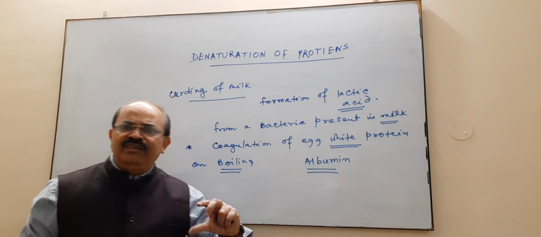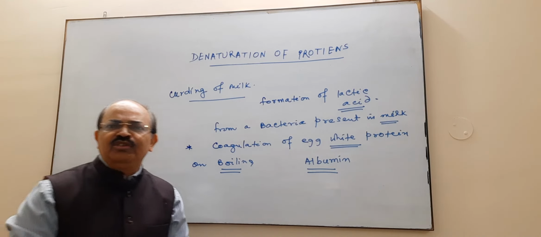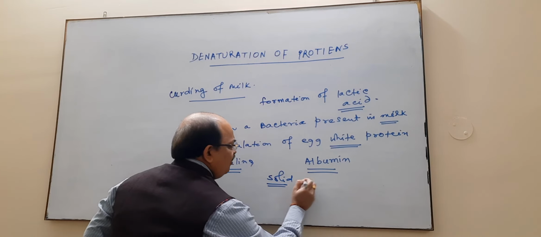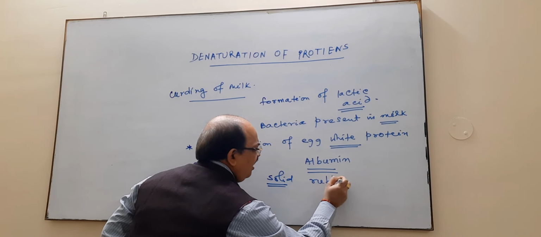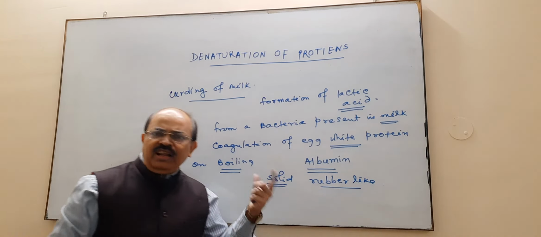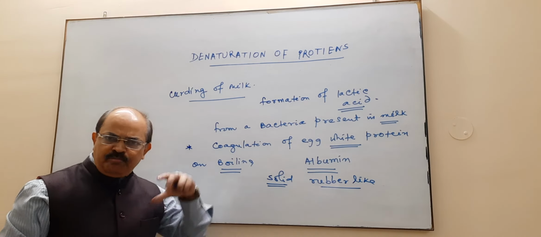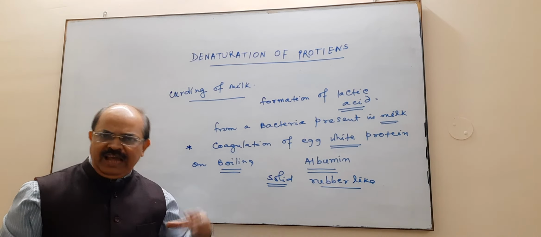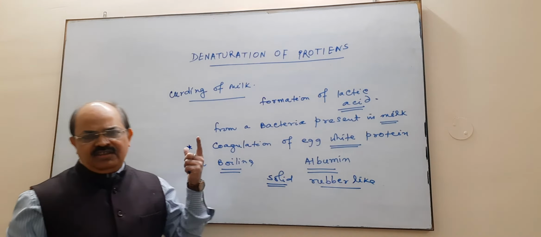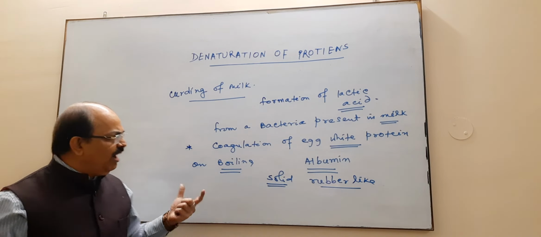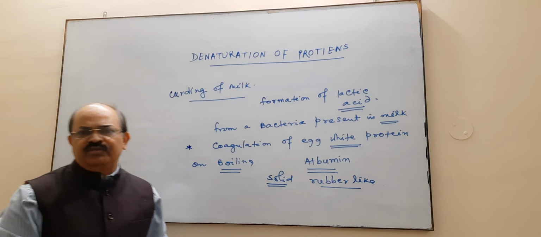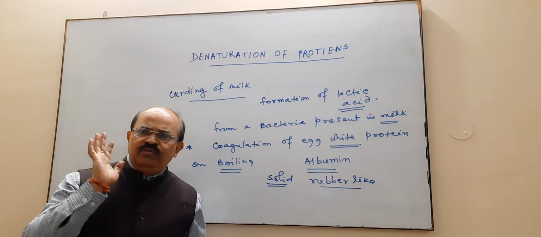That albumin is converted into a solid mass, a solid rubber-like mass. So this rubber-like solid जो फॉर्म हो गया, that is your white protein, it will lose its biological activity. So this is a very good example of denaturation of protein.